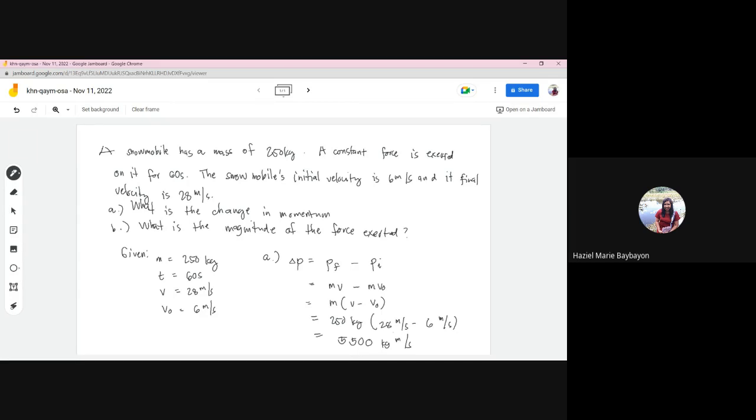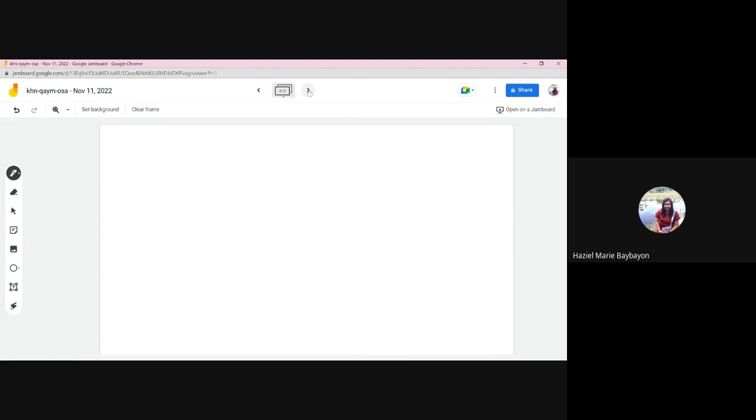Now, next thing that we will solve is the change in the force exerted, the magnitude of the force exerted. Okay, so what we know is the change in momentum as well as the time. Okay, so from this equation, the momentum impulse theorem, okay, so we know that J is equal to the change in momentum.